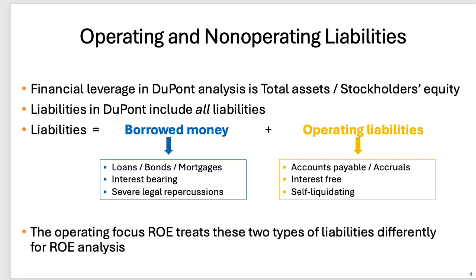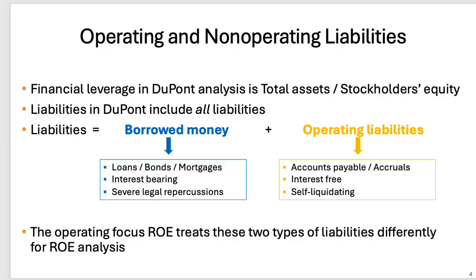For instance, looking at operating and non-operating liabilities, you see here that your typical DuPont analysis simply takes total assets divided by stockholders' equity. So in other words, in DuPont, when we talk about liabilities, we're talking about all liabilities.